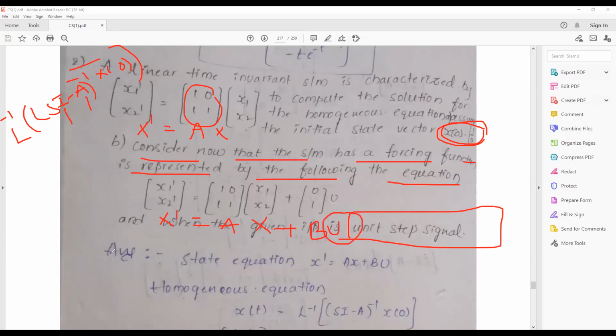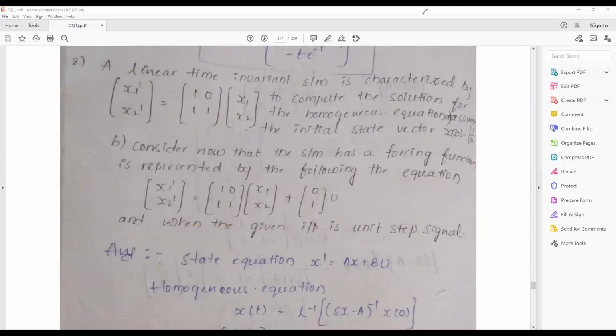So the first one is homogeneous and the second is non-homogeneous: x dash is equal to Ax plus Bu, where the A matrix is given, the B matrix is given, and the input is a unit step signal.